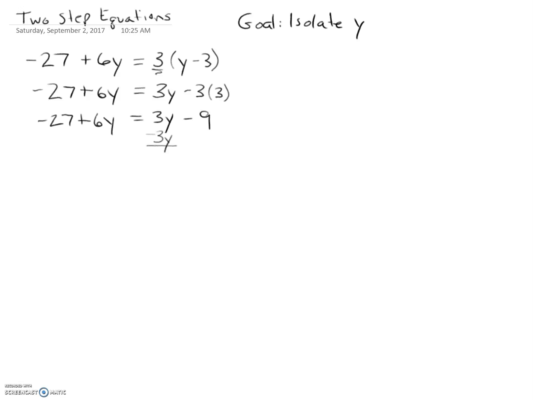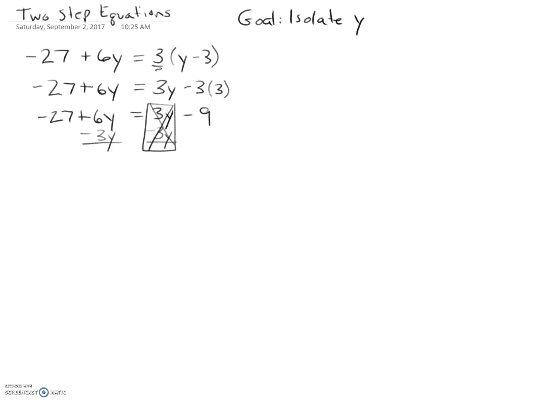I'm going to group the y's together. So if I'm going to take something away from a side, I have to perform the opposite operation to it. So this is a positive 3y. I want to do a minus 3y. Because essentially, you want that to just be 0, which cancels out. But that's the idea of moving it to the other side.